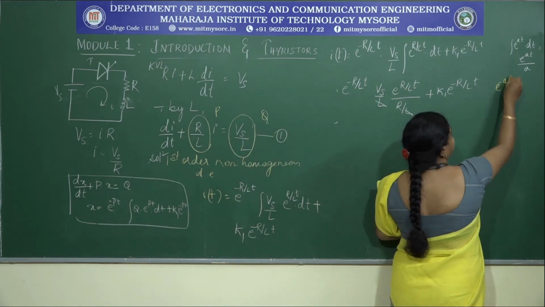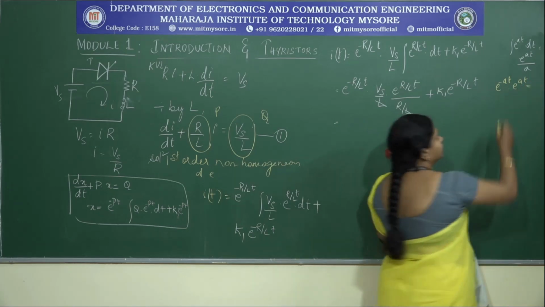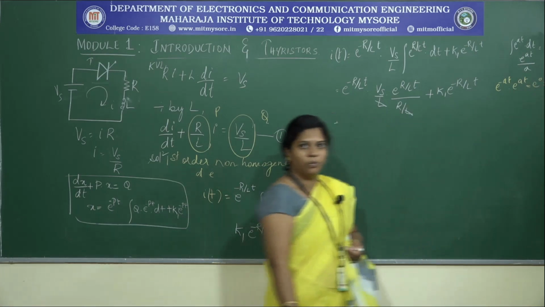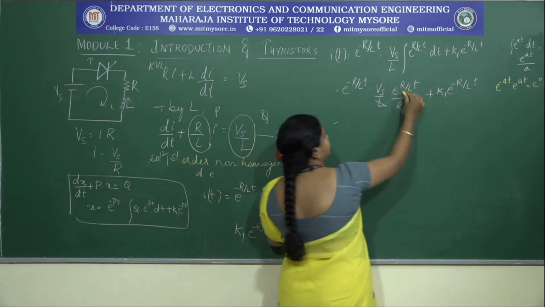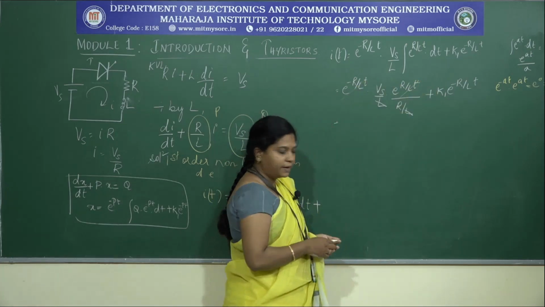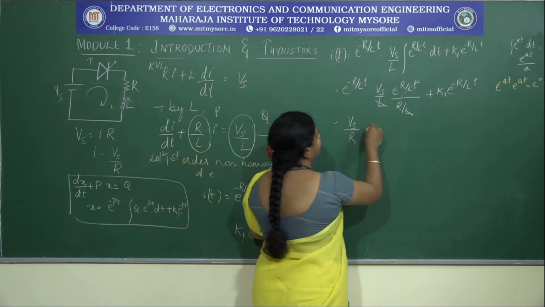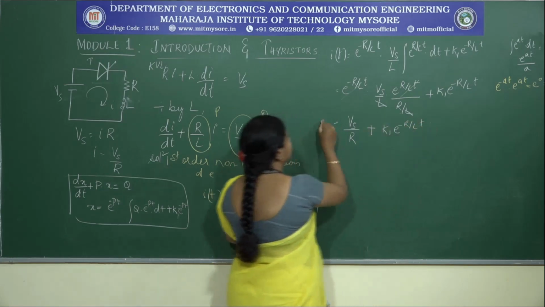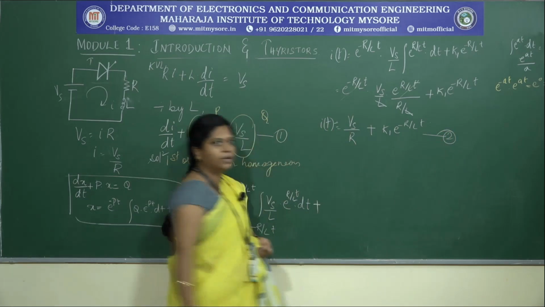So, this term will be also eliminated here. So, what is the remaining now? Remaining is Vs/R plus K1 into e to the power of minus R/L t. This is equal to I of t. Call it equation number 2.